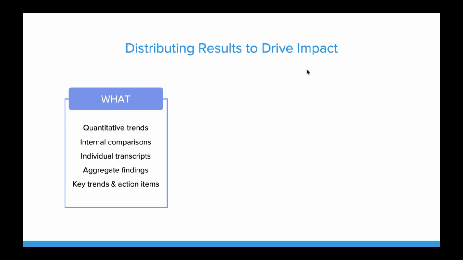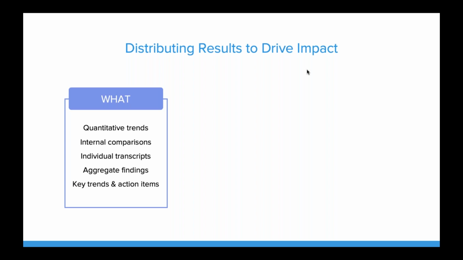Individual transcripts. There's so much great feedback that comes through those churn interviews, and it can be tempting to share just the aggregate findings, which are great to share as well. That's on the list too. But the individual transcripts can provide so much color, and honestly can be so much more memorable and impactful than sharing just the data, because a lot of people across the team will likely remember stories a lot better than they remember a chart.